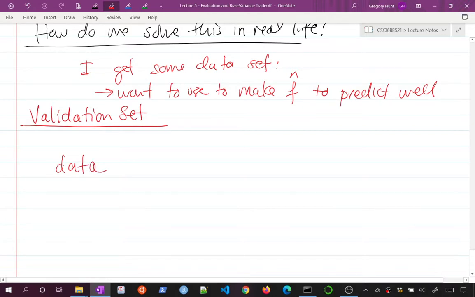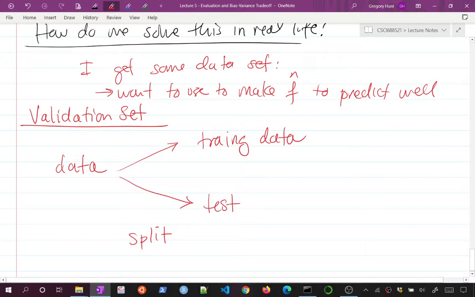I have my data, and I'm going to split it into 2 chunks. Chunk number 1, I'll call my training data. And chunk number 2, I'll call my test data. I'll typically split off some p% as my training data, and use the 1 minus p% as my data to evaluate.